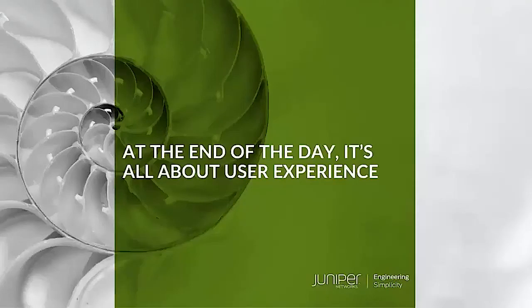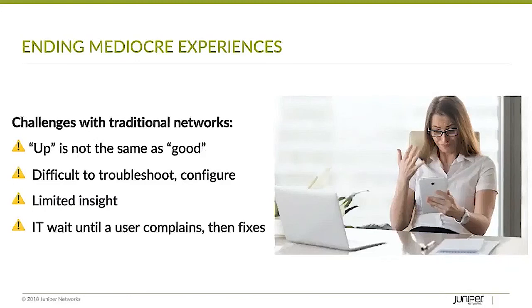So at the end of the day, as I say, it's all about that user experience. So we want to change the way that we design and run networks today. So traditional networks, in our view, we would design them to be up and available. You'd put HA into various layers. You'd build fault recovery and resiliency plans, etc. But up isn't the same as good.